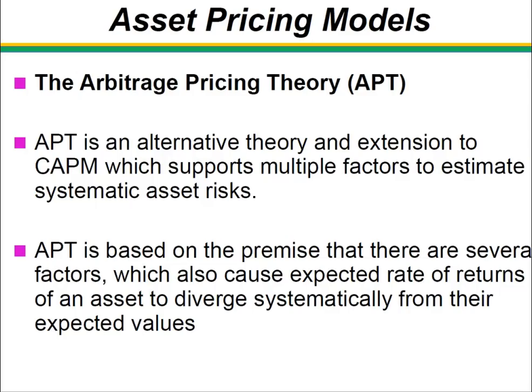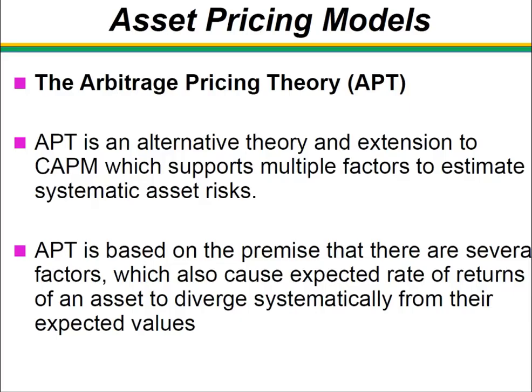The arbitrage pricing theory, APT, represents an important extension and alternative to CAPM. APT is an alternative theory that extends beyond CAPM by supporting multiple factors to estimate systematic asset risks. While CAPM assumes that only market risk matters, APT recognizes that multiple economic factors can systematically affect asset returns.